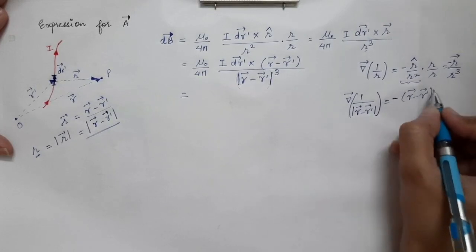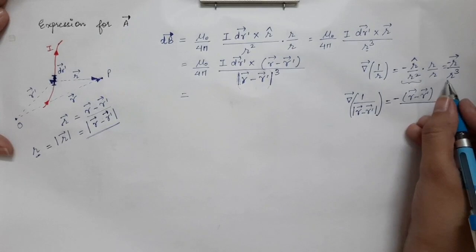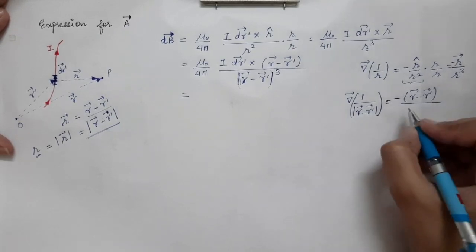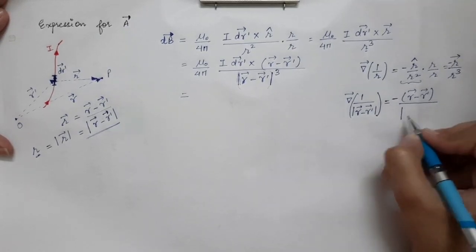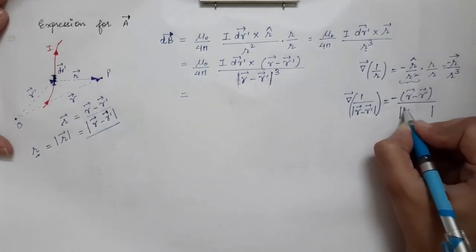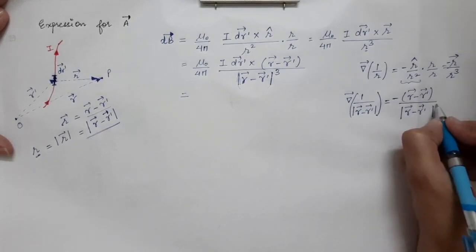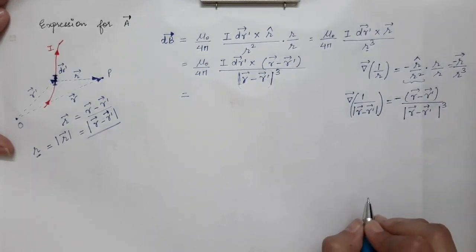And you have to write it in round brackets, divided by the cube of the magnitude of curly r. So that you have to write in straight bars: r vector minus r prime vector, and then you have to write its cube.